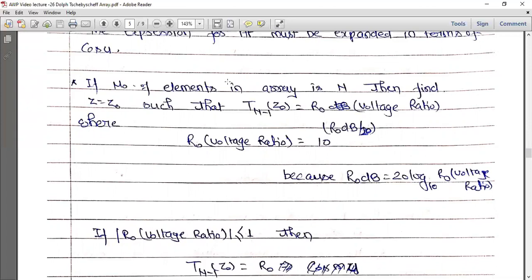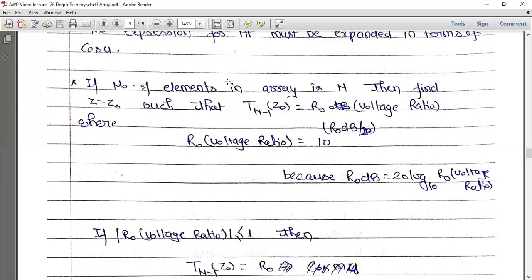This means that if the maximum power of the major lobe is P major and the maximum power of the minor lobe is P minor, then P max by P min is R0. Since the question is given in terms of dB, 10 log 10 of P max by P min, that is P major by P minor, will be equal to R0.